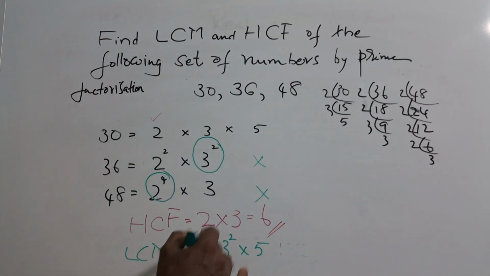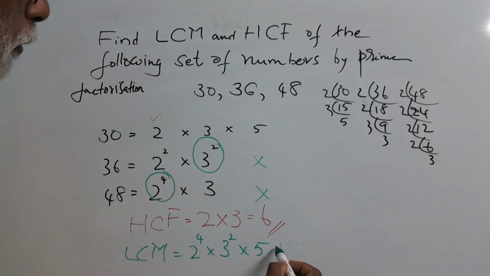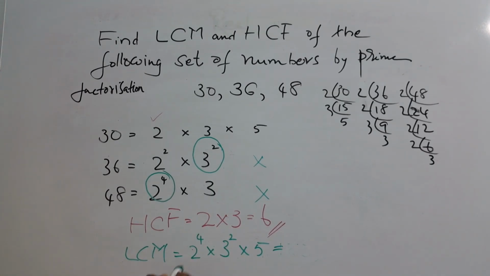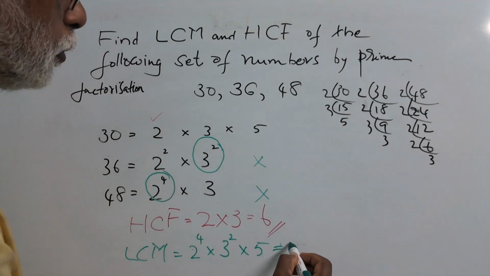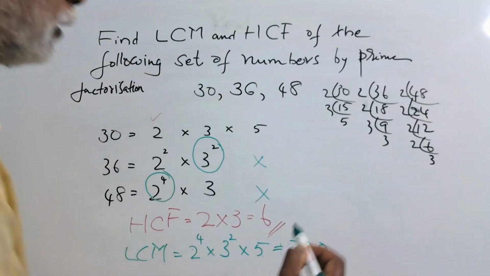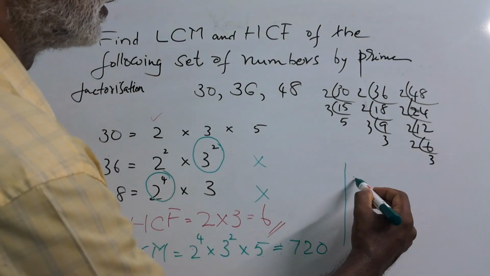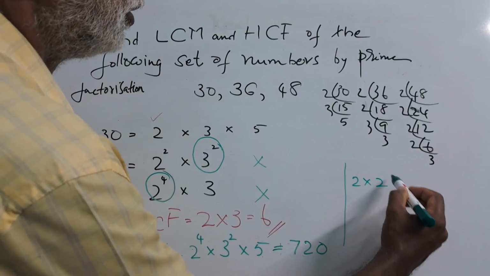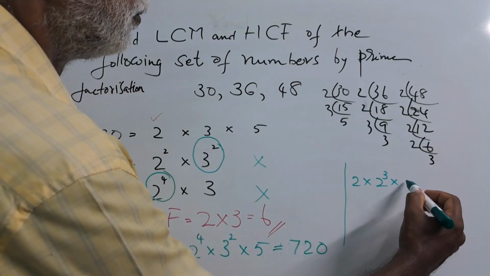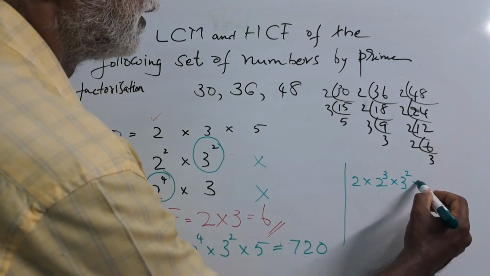Now let's see how to multiply it. To multiply it easily, I consider 2 raised to 3 and 3 square. 2 raised to 3 is 8. 8 into 9, 72. One 2 is left. 2 into 5, 10. 72 into 10, 720. Let me explain it: 2 raised to 4 is expressed as 2 into 2 raised to 3, into 3 square into 5.